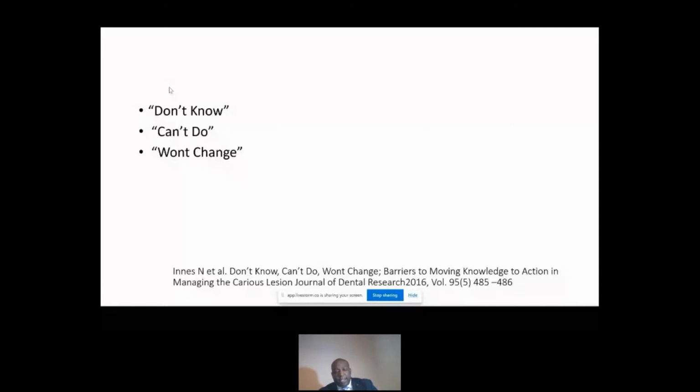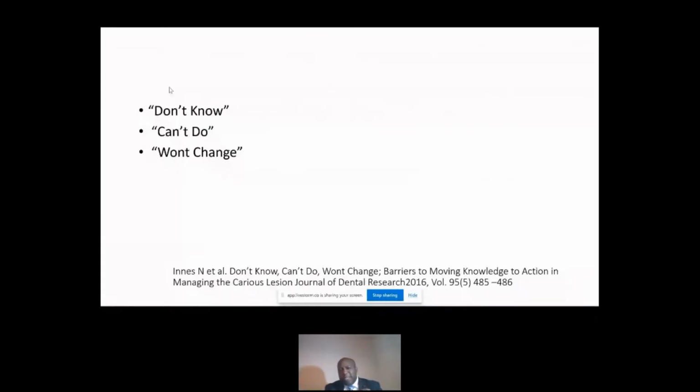But this paper by Professor Innes looked at barriers to moving knowledge to action. And this paper was looking at managing caries, the chemical interactions of using agents to remove decay, rather than the conventional Black's cavities, try and remove as much as possible.